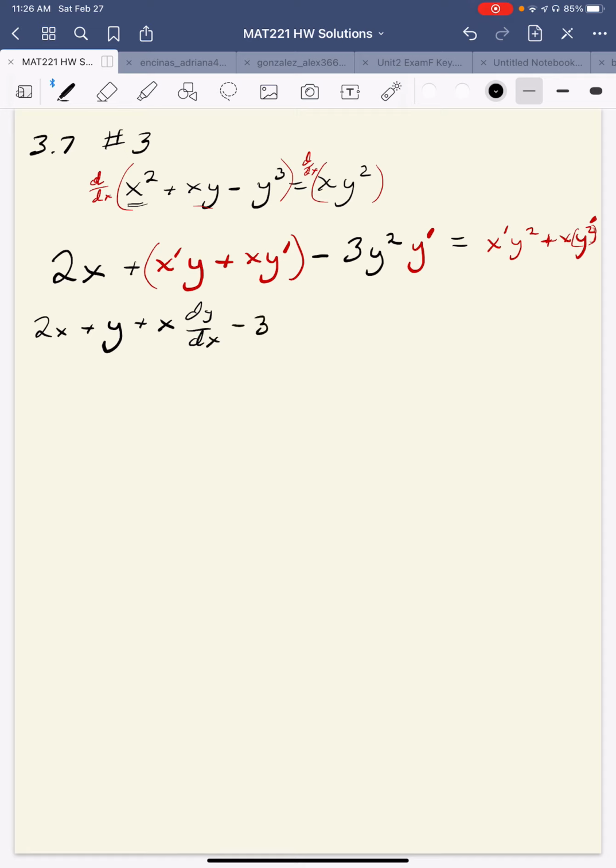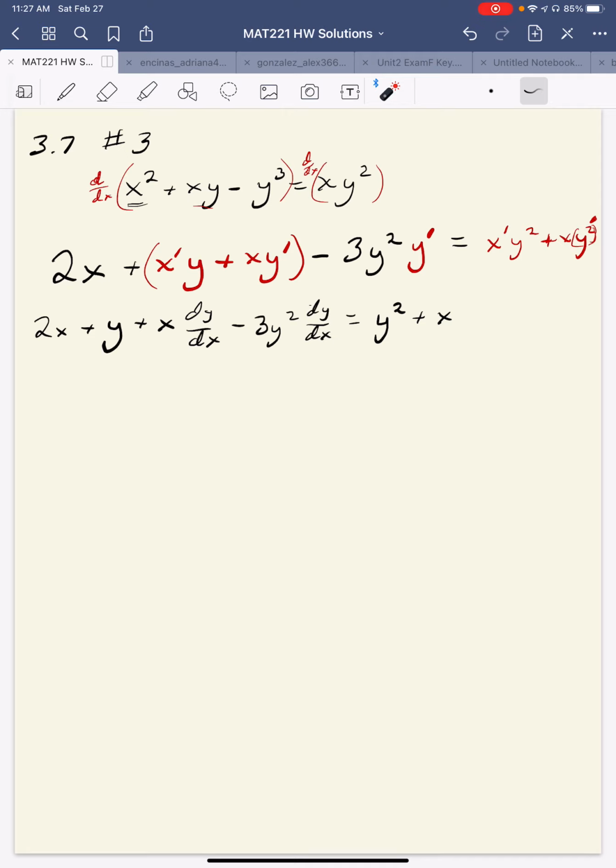And subtract from that 3y squared, again the derivative of y is dy dx, equals, the derivative of x is just 1, so that leaves me with y squared plus x, and now I need to take the derivative of y squared.